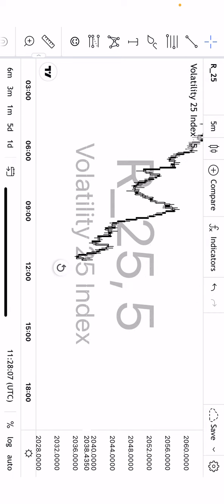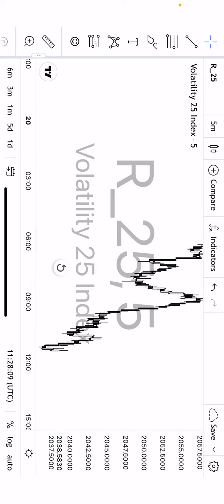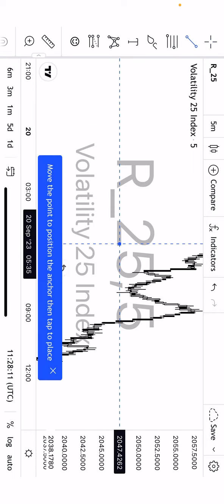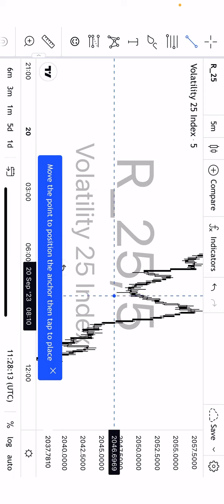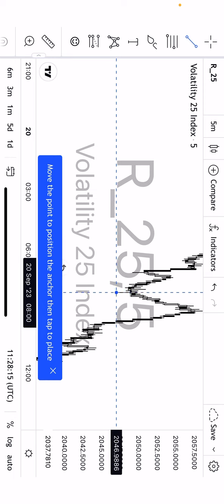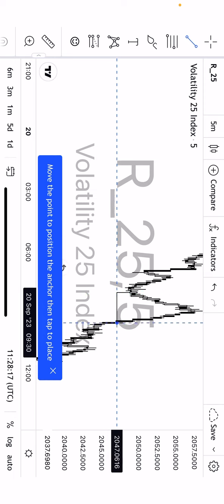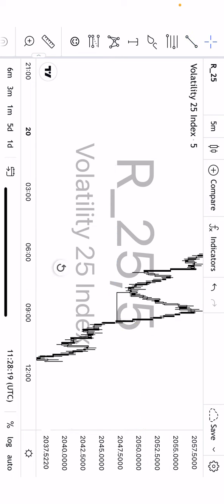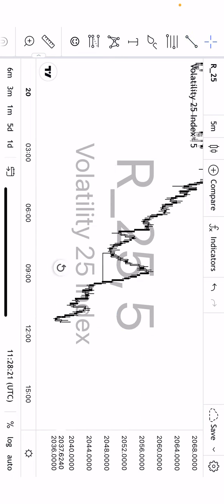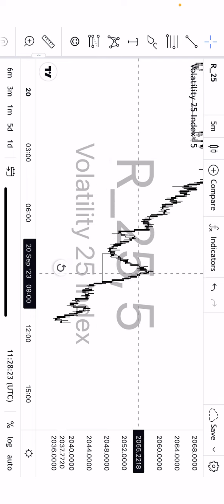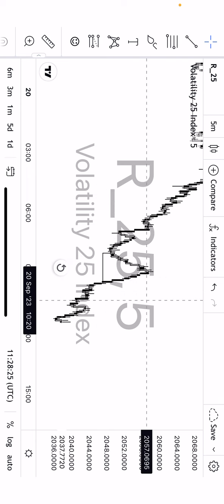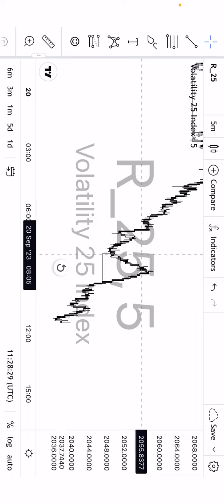See the drop. Now, if you want to make a continuation, where is your last break of structure on this 5 minutes time frame? Your last break of structure is still to the downside. So you wait for the market to come back into this range, and then you continue the move.